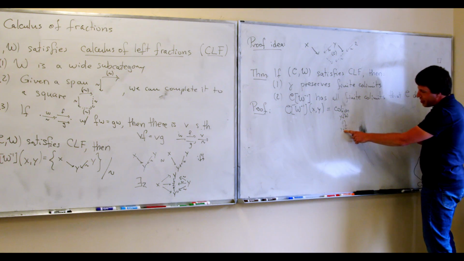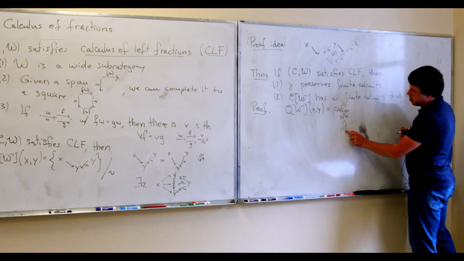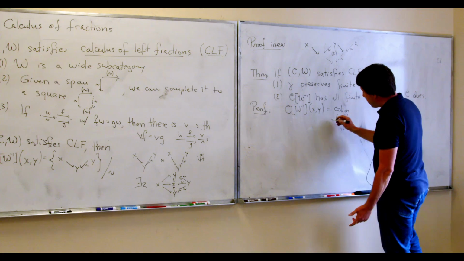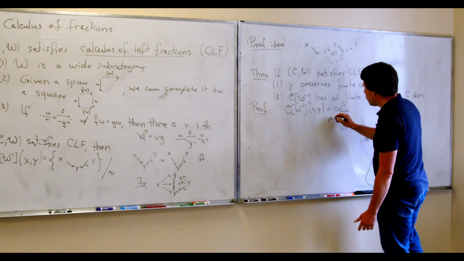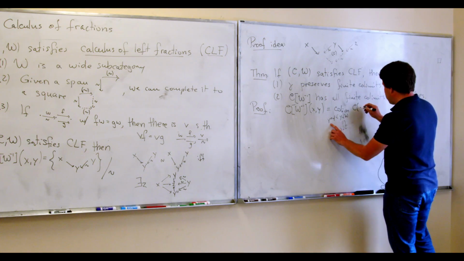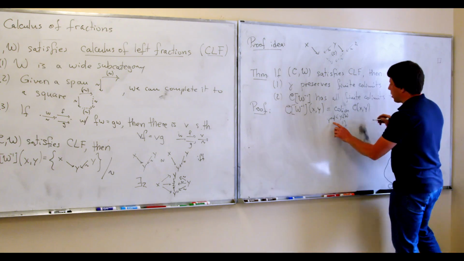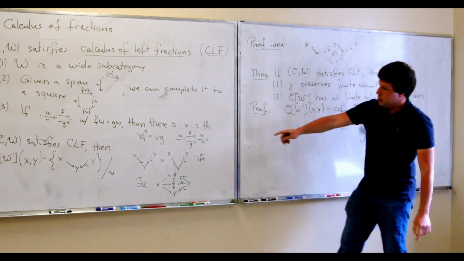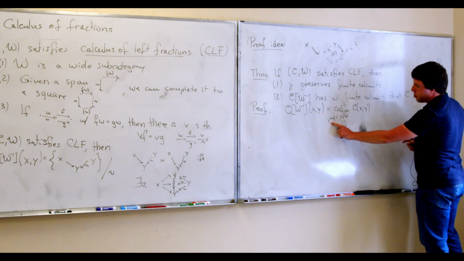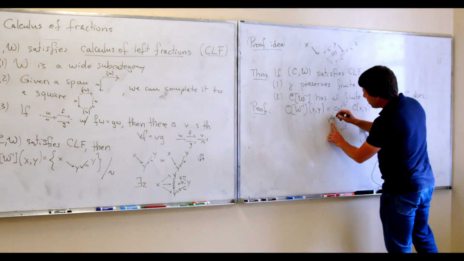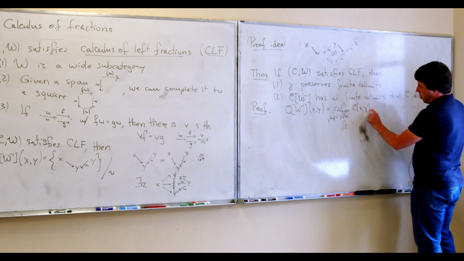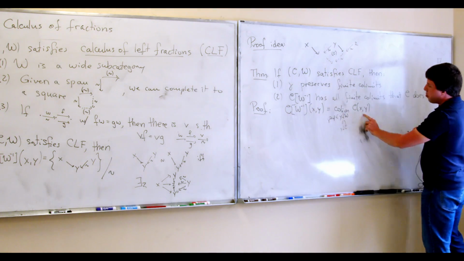But this is the slice category, and we only take maps that are weak equivalences. So I take the colimit over all maps from y to y prime that are in W, of maps from X to y prime.